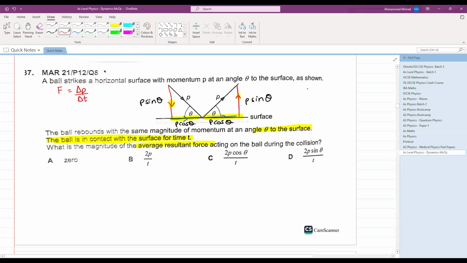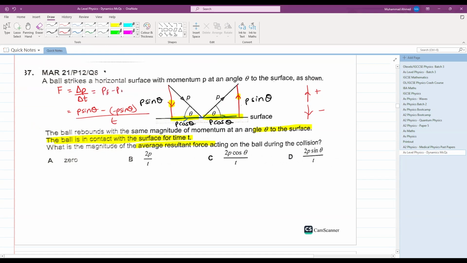Now, here, first of all, what will you do? You will say the upward direction is positive, downward direction is negative. Okay. What is the final momentum? P sin theta. What is the initial momentum? Yes, negative P sin theta because it is acting downwards, divided by time t. What is change in momentum equal to?